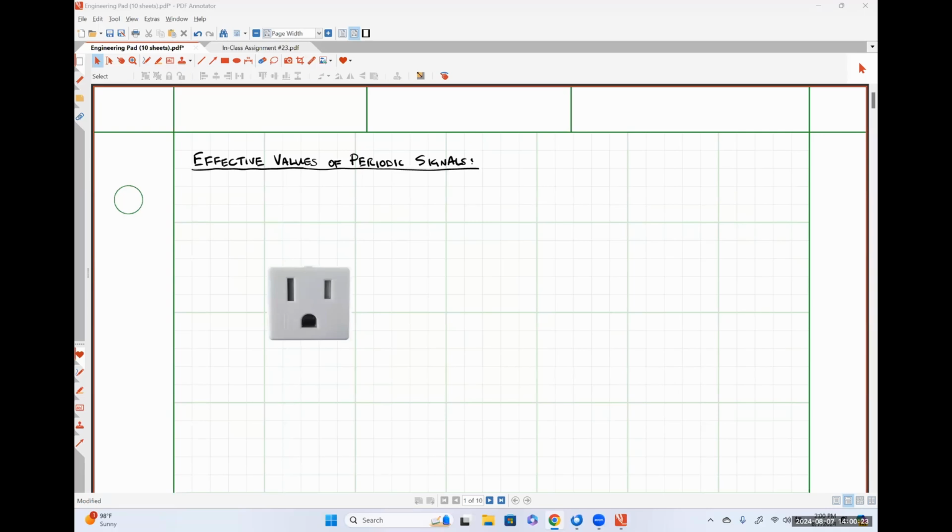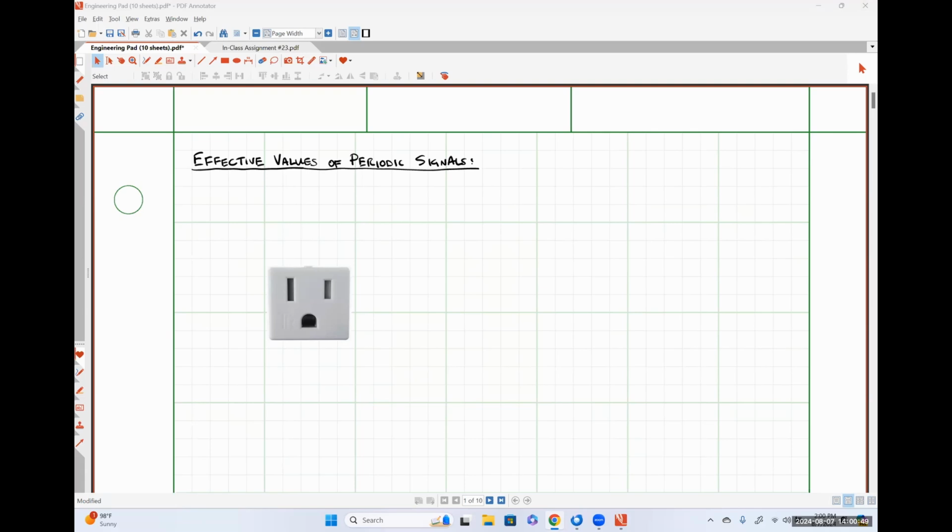So on the screen right now, I have a picture of what's referred to in the industry as a NEMA 5-15, I believe. Let me double check that. Yeah, I'm trying to remember if it's 5-15 or 15-5, but I think it's a 5-15.